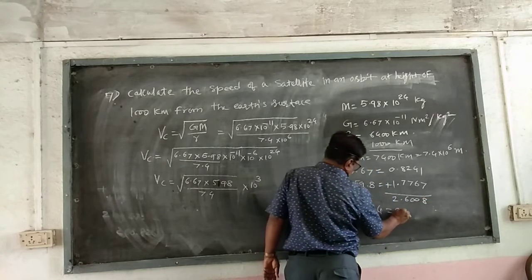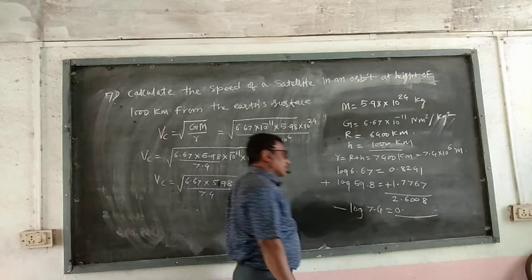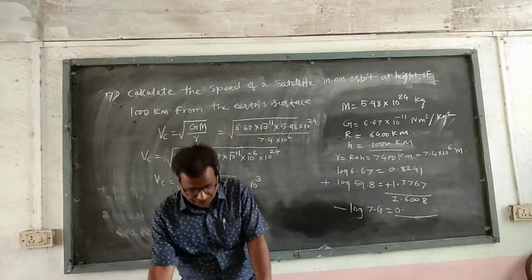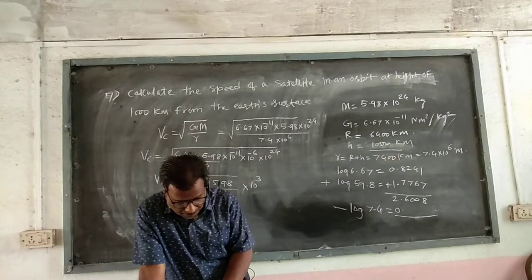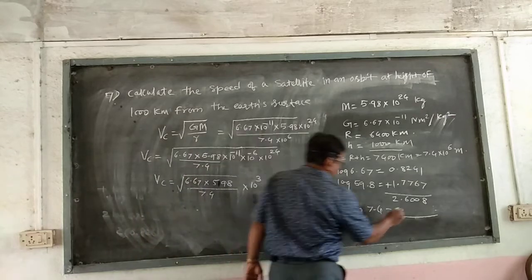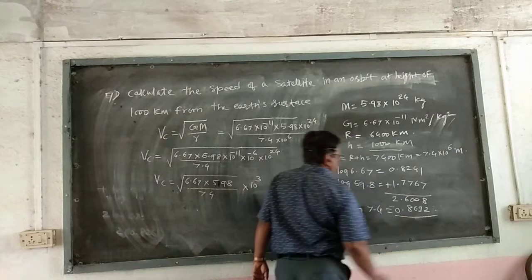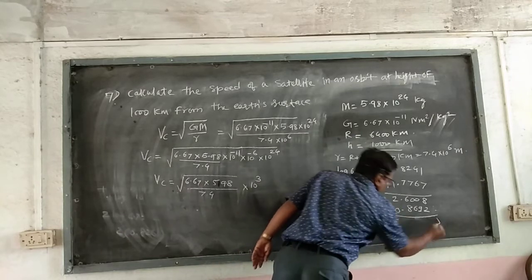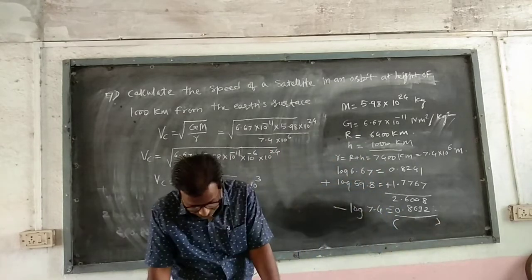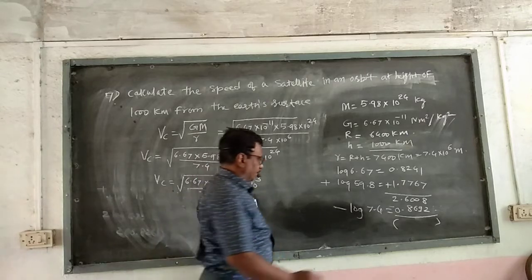Again 7 characteristic becomes 0. Log of 74 headed by 0 is 8692. Subtract this, and we get 1.7316.